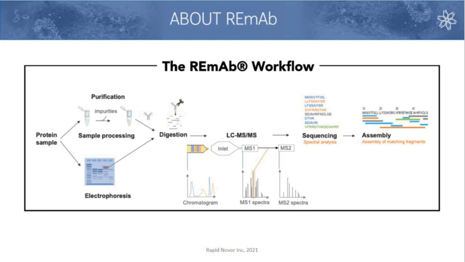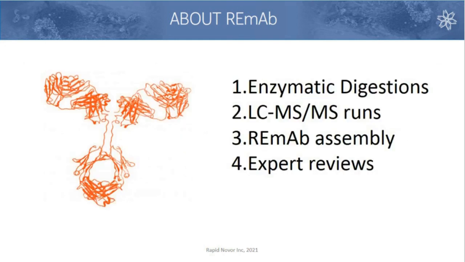This is the workflow in general. We're going to go into a little bit more detail over the next several slides. Although that overview runs very quickly through it, we're going to take a more nuanced approach as we go through the process. So we start off with enzymatic digestions.